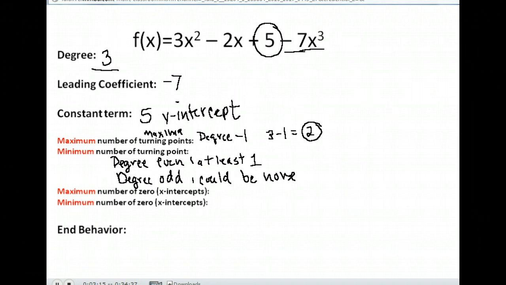Another thing we're concerned about when we're graphing is the number of zeros or the number of x-intercepts, because that gives us a way to situate our graph. The maximum number of x-intercepts for a function is its degree. So in this case, this would have 3 at most. Not that it has 3, but it could have 3. The minimum number, again, depends on your degree.